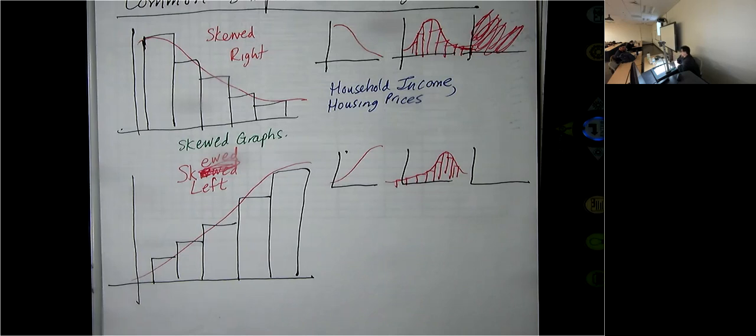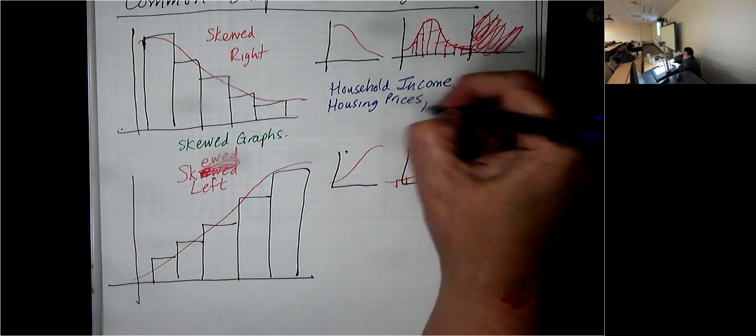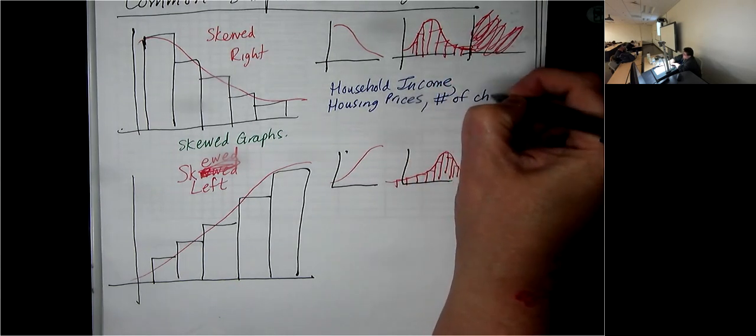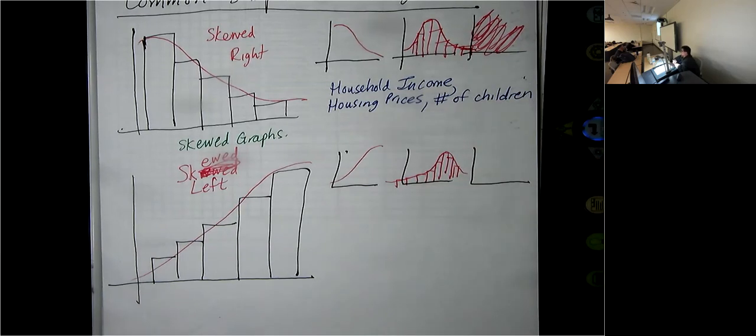This is the $10 million home. You're like, get out of here. Who's paying $10 million for a house? Number of children. Lots of families only have 0, 1, or 2. Every once in a while, you hit that family that's got double digits. And you're like, goodness, poor mom. That's a lot of birthing. I hear that hurts. I don't know, I'm glad on that one. Thanks for taking one for the team, ladies that are mothers.